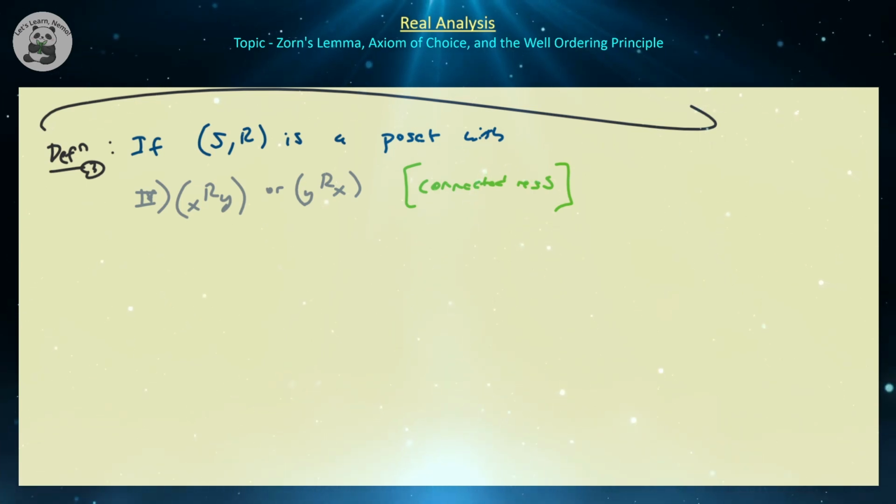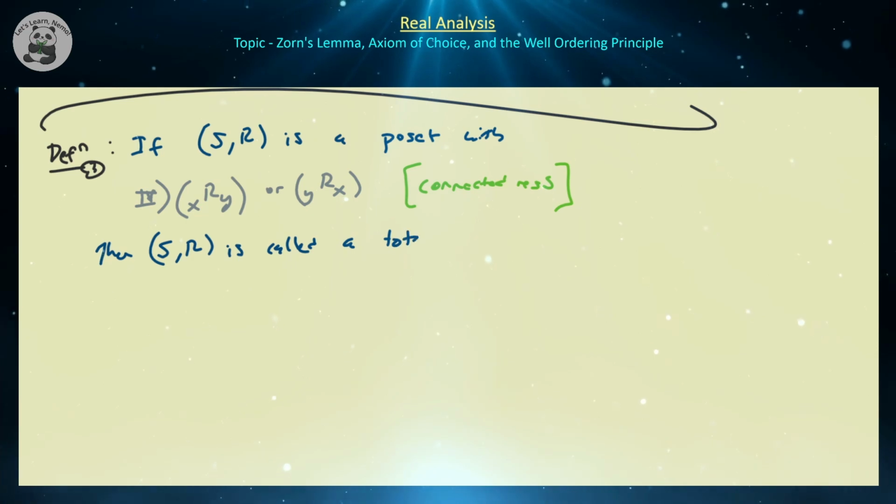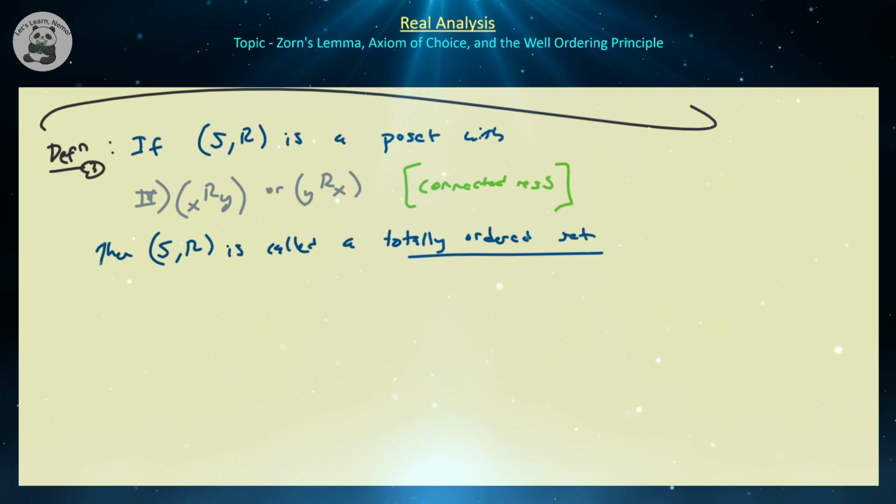So if we have this fourth property, where in some sense everything is comparable, then S, R is called a totally ordered set. And I guess you could create your own name for this and call it, say, a toe set. Right? Po set and toe set. So toe set, totally ordered set. So that is what a po set and a totally ordered set is.